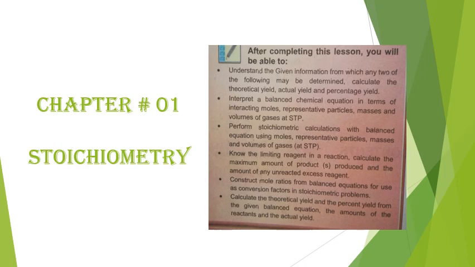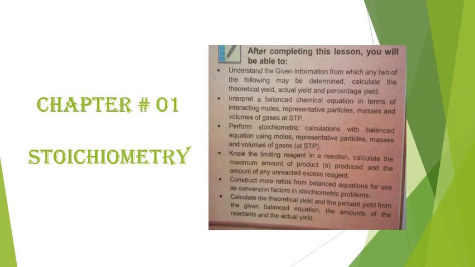Now you will come to know about percentage composition, limiting reactant, how to find out the limiting reactant from the balanced chemical equation, what is the difference between the limiting and non-limiting reactant, and how to get the maximum product of the substance.